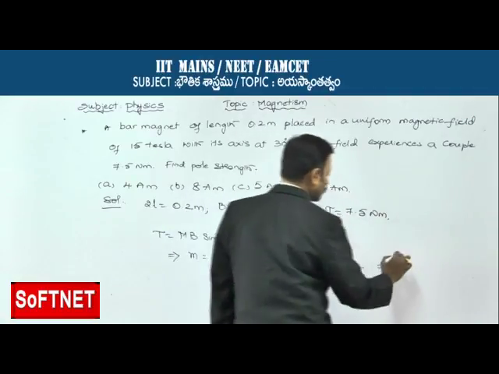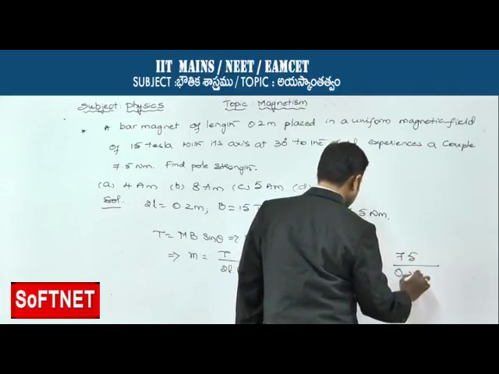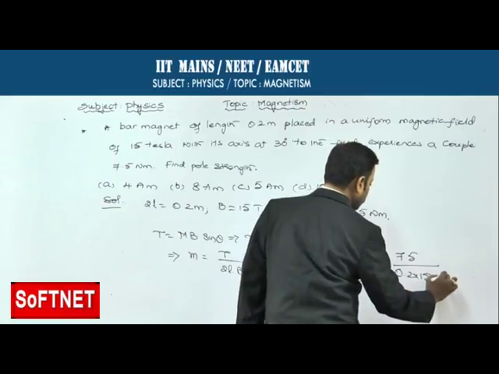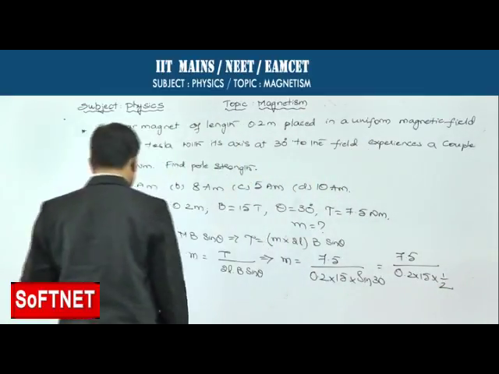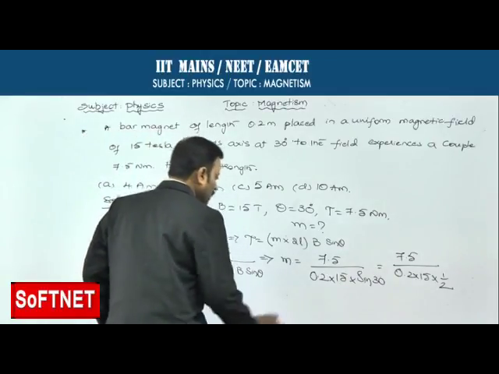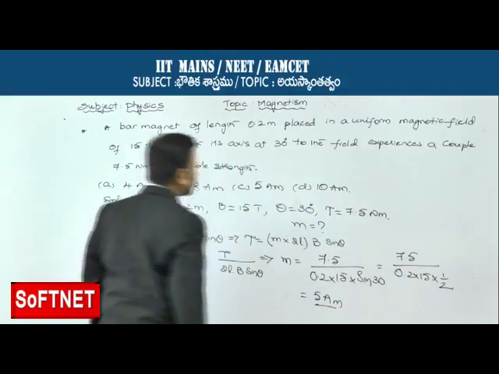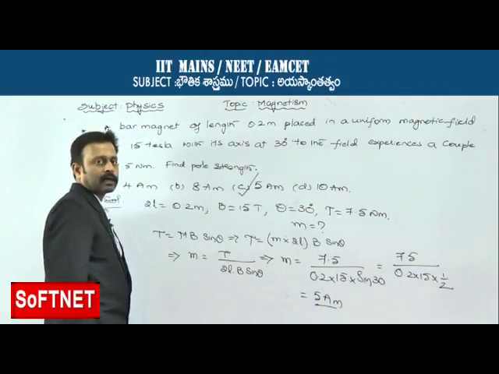That is 7.5 by 0.2 into 15 into the value of sine 30, which is 1 by 2. When you simplify that, you will get 5 ampere meter. So, the third option is the correct one.